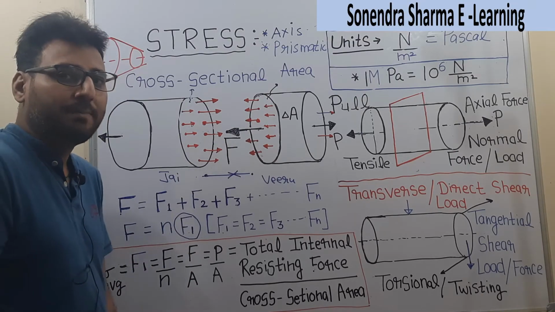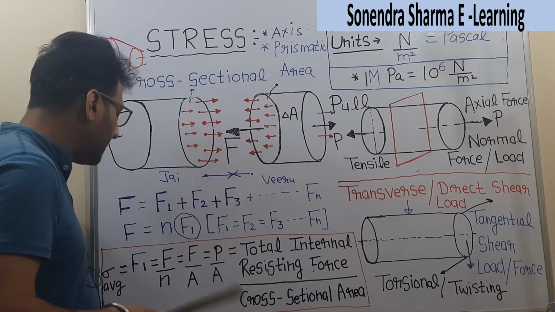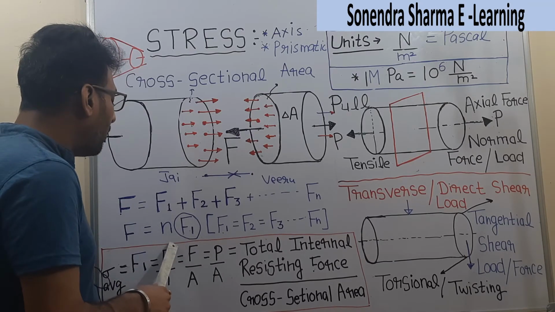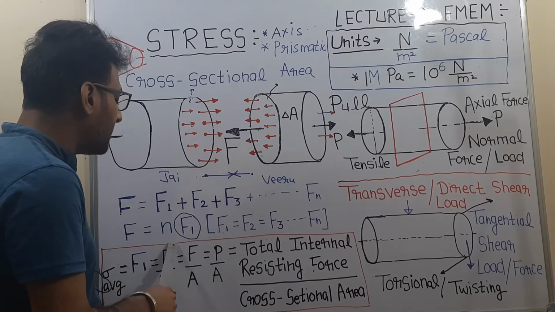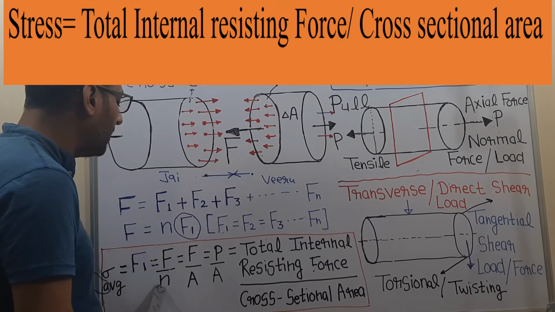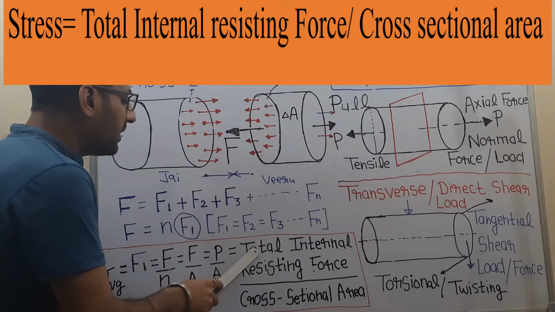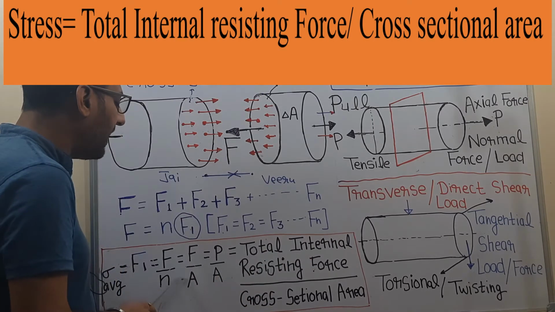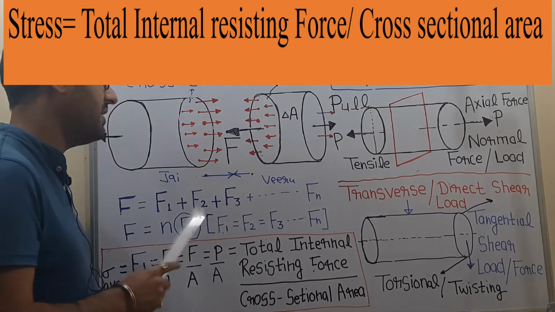So after simplification, we can say that stress sigma is equal to total internal resisting force divided by A, which is the cross sectional area.